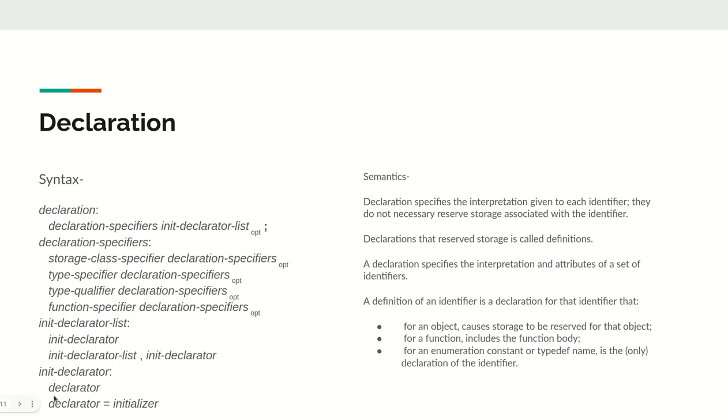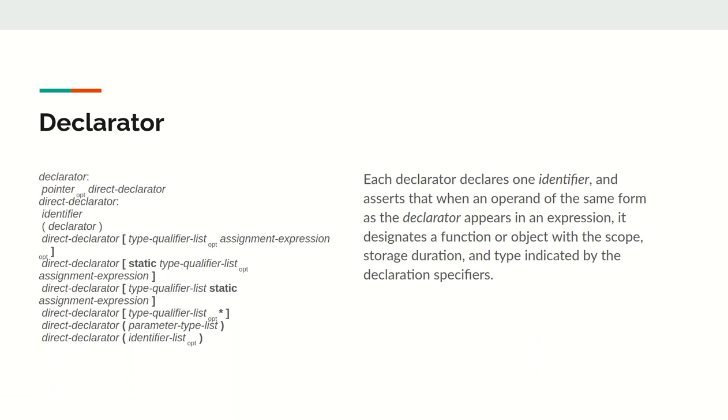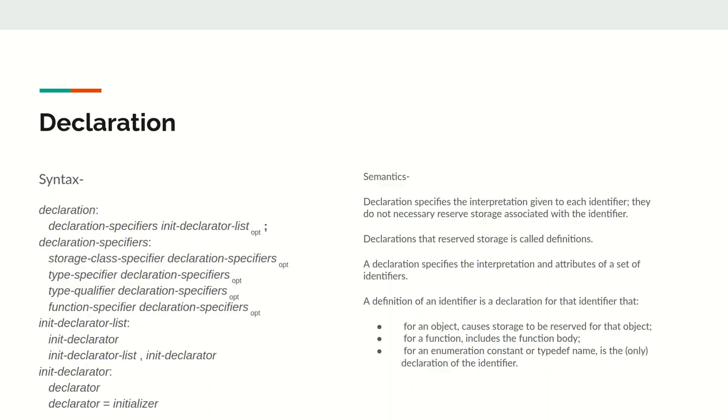Actually we are not done with the complete declaration part. Most of the things are non-terminals here. So with this declaration part, we will move on to the next, the declarator. The declarator is to identify that identifier.